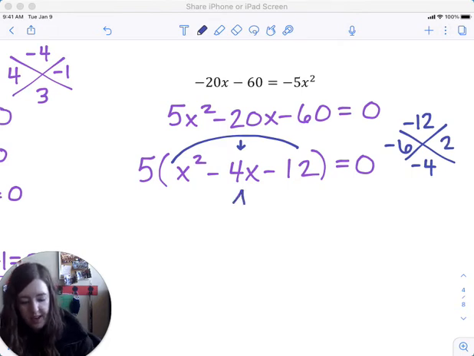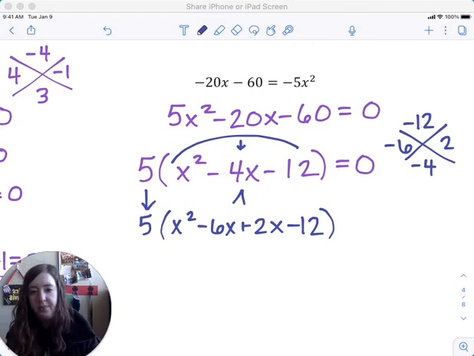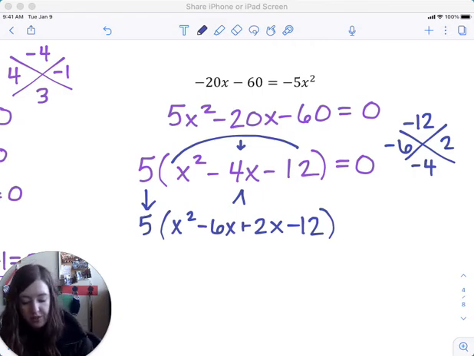So we'll split that negative 4x into negative 6x plus 2x. We still have that minus 12 in the back and x squared in the front. And remember, we need to bring down our greatest common factor of 5. So then we'll look for the greatest common factor of x squared and 6x. That'll be x.